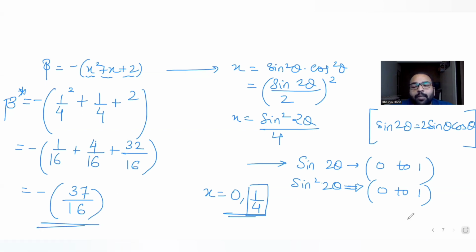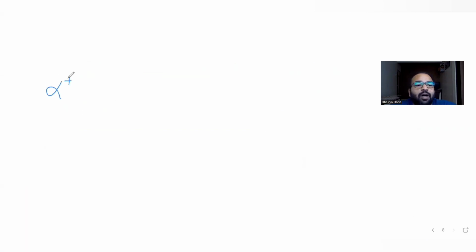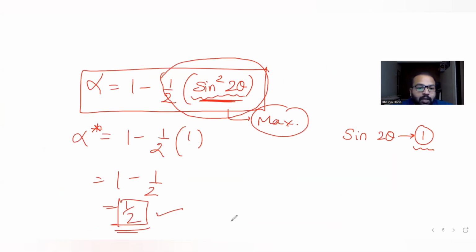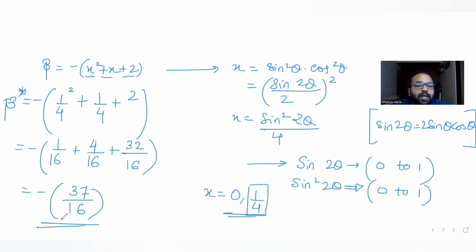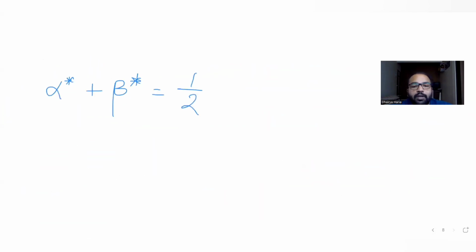So I get minimum values for both alpha as well as beta. The minimum value of alpha which we got was half, and the minimum value of beta which we get here is minus 37 by 16. So if I make the denominator same again, I'll multiply by 8.